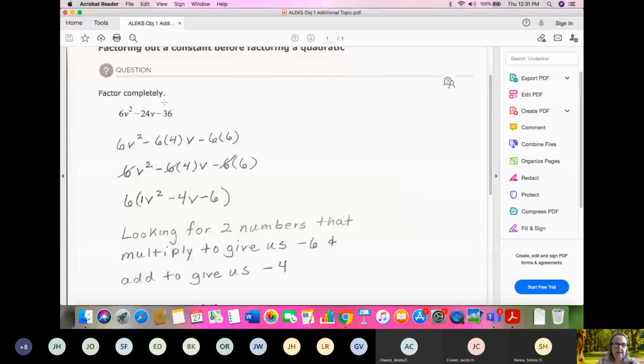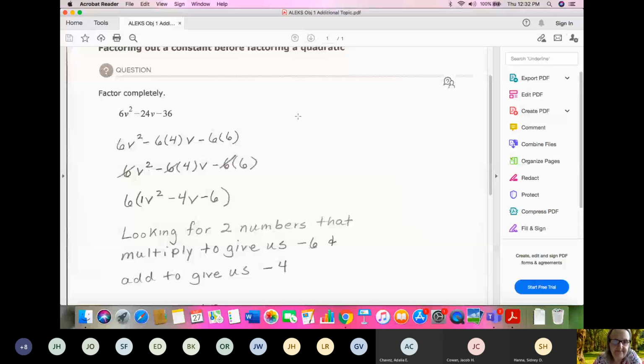So we get minus 6 times 6. That leading coefficient, the first thing you want to think about is to see if you can factor that out. It may save a lot of work for you, or save you from going down the wrong path.